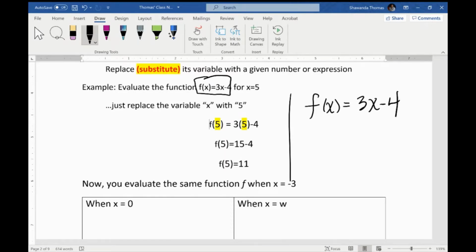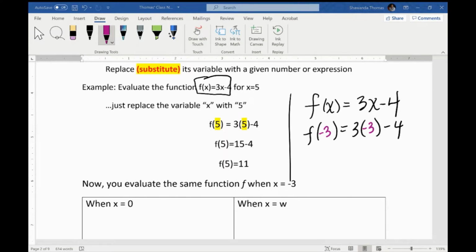But we want to evaluate this function f when x equals -3. So again, all we're doing is replacing what with what? X with -3. That's all we're doing. So I'm going to change colors. Maybe I'll change to purple. Purple is my favorite color, by the way, y'all.